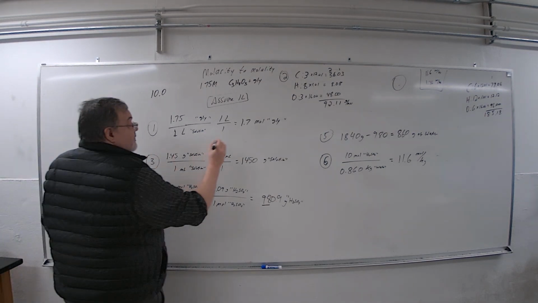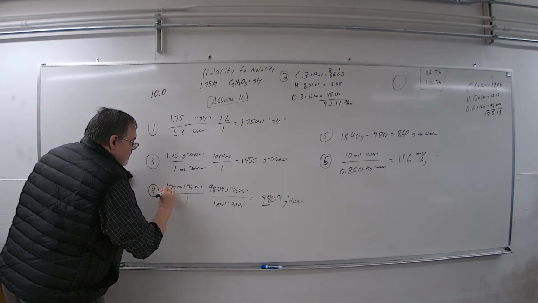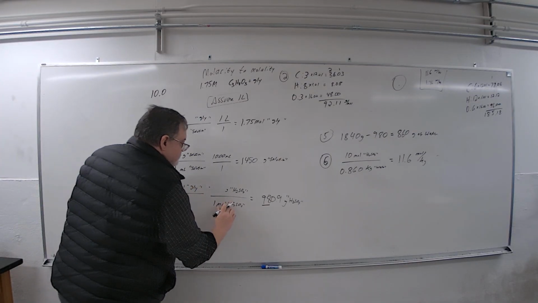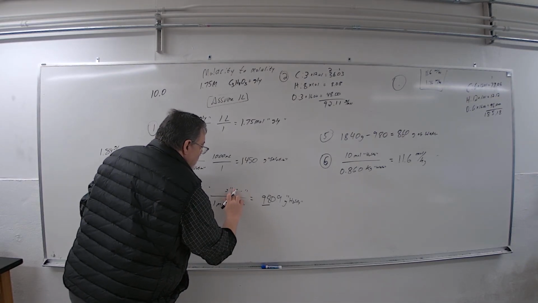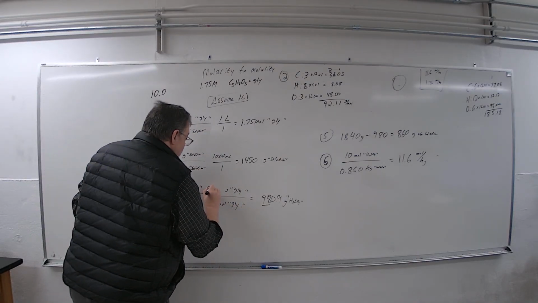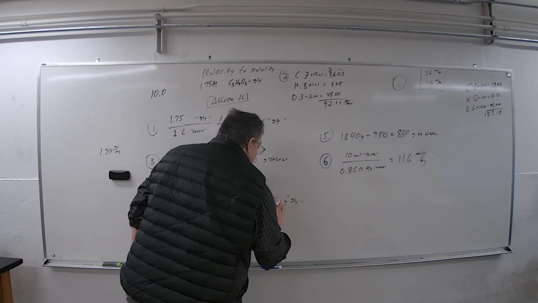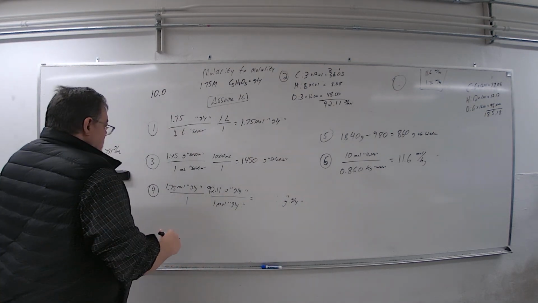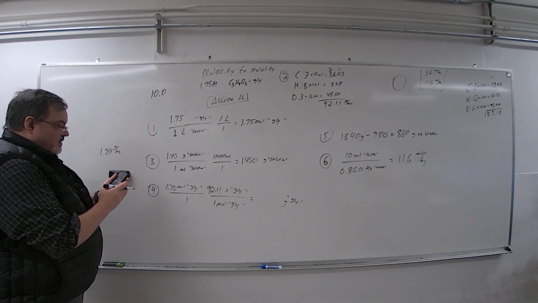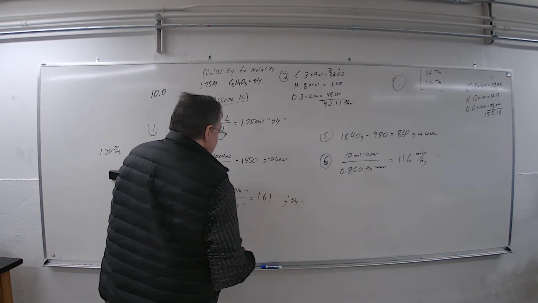If we have 1.75 moles of glycerin, molar mass 92.11, 1.75 moles times 92.11. 3 significant figures give us 161 grams.